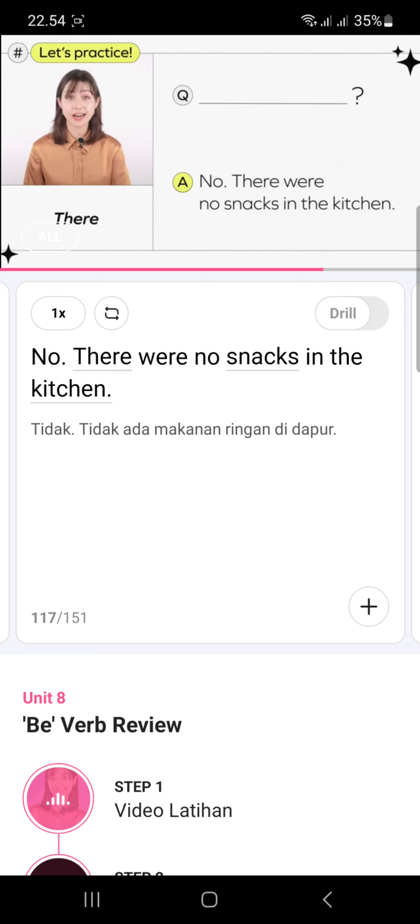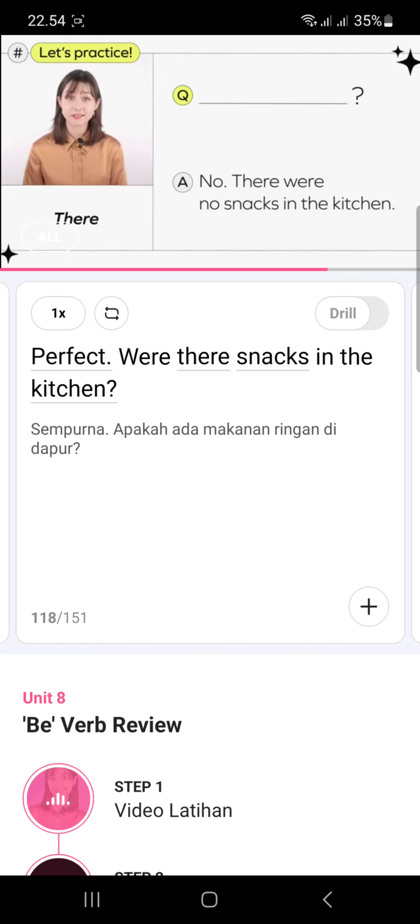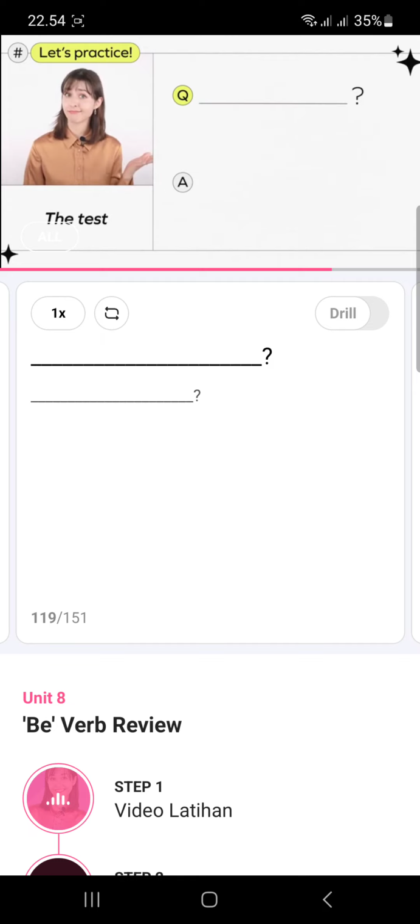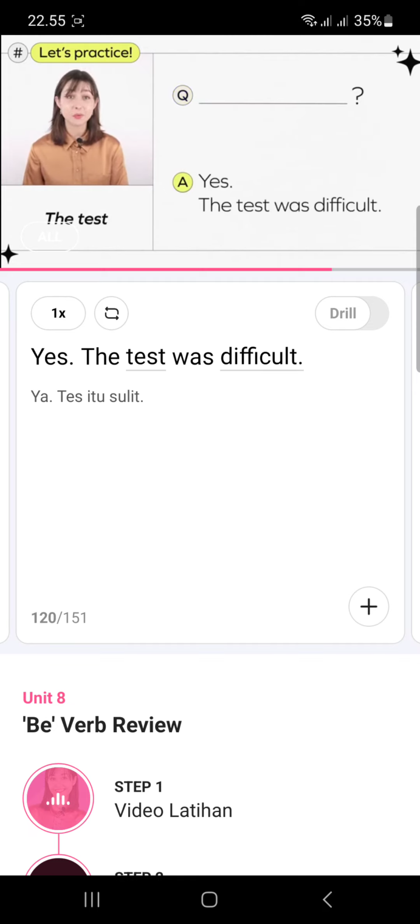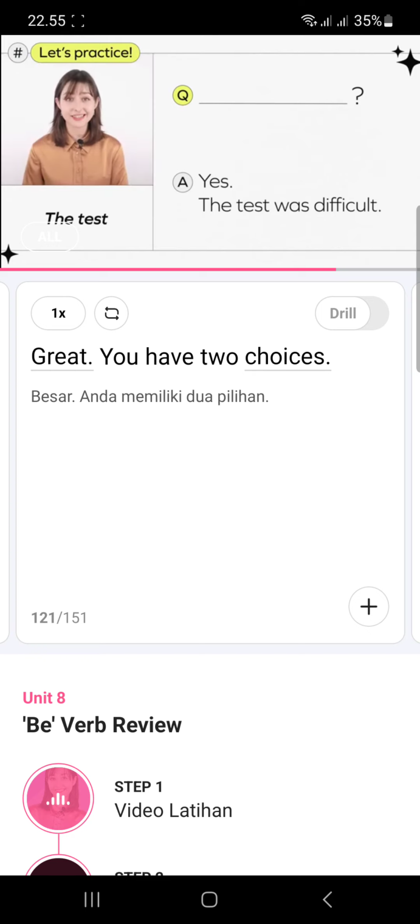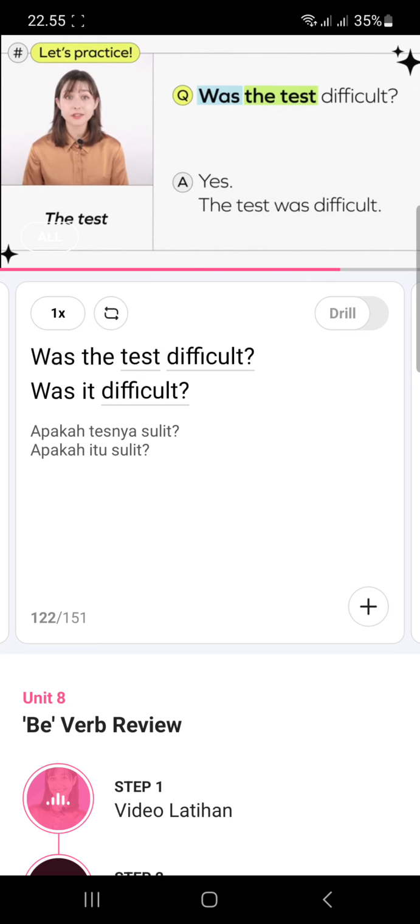No, there were no snacks in the kitchen. Perfect. Were there snacks in the kitchen? Yes, the test was difficult. Great, you have two choices. Was the test difficult? Or was it difficult?